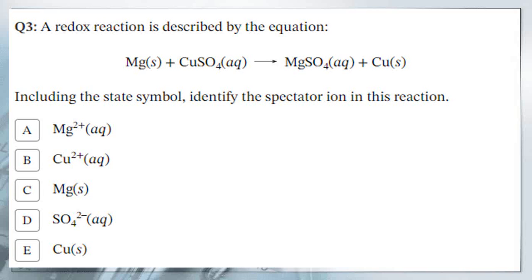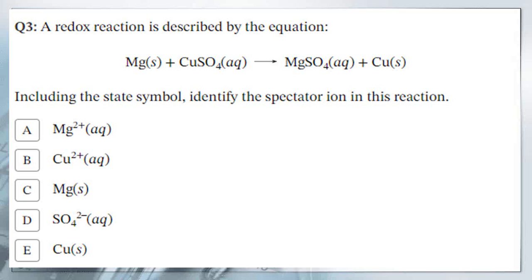It is present on both sides and we neglect it at the end of the reaction, or we consider it not a part of our important equation. Identify the spectator ion in this reaction.